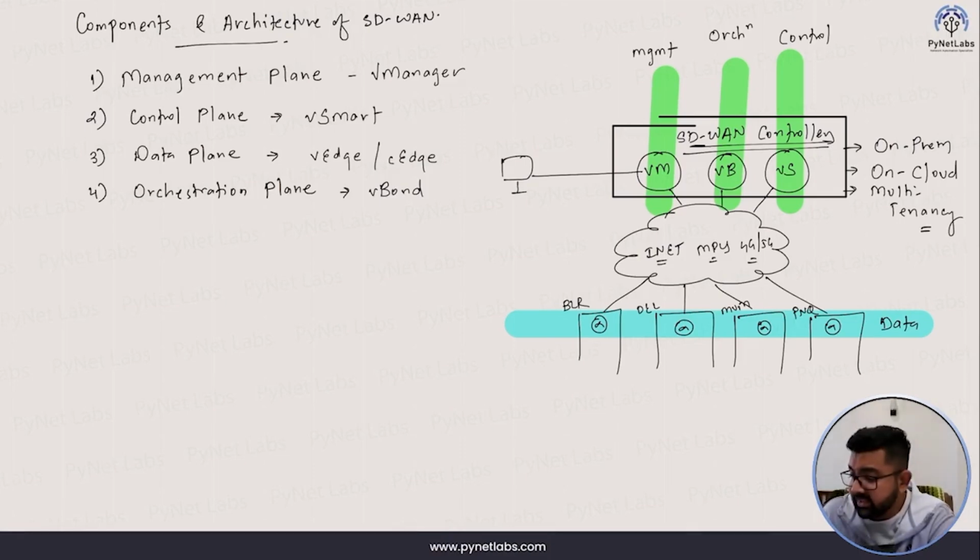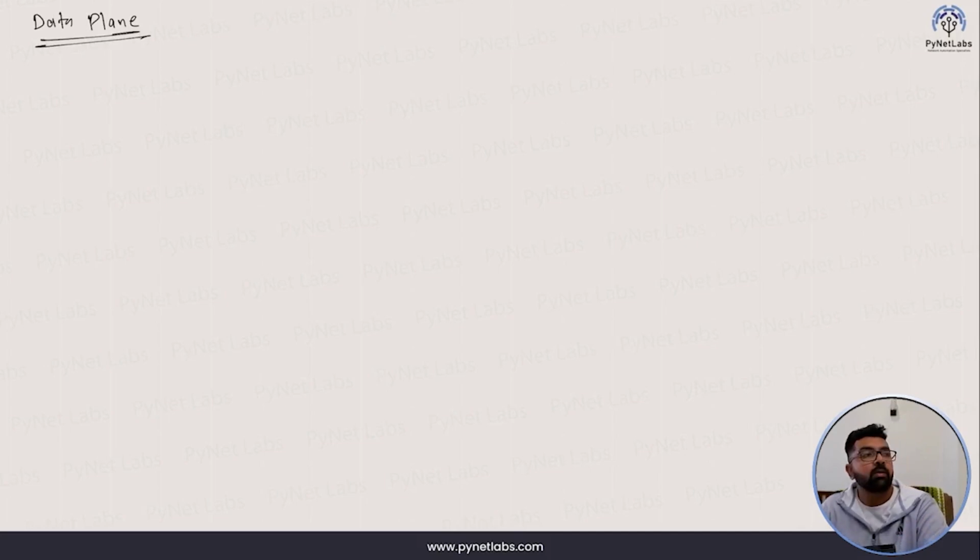We will be discussing each one of the planes and the operations, and how they actually work in Cisco's environment. The very first thing that we will be speaking about is the data plane. Let's try and understand how the data plane works.